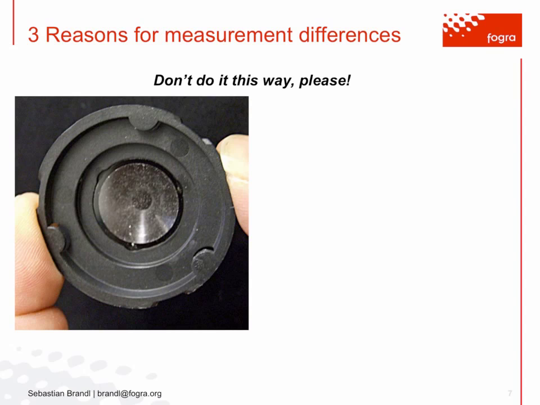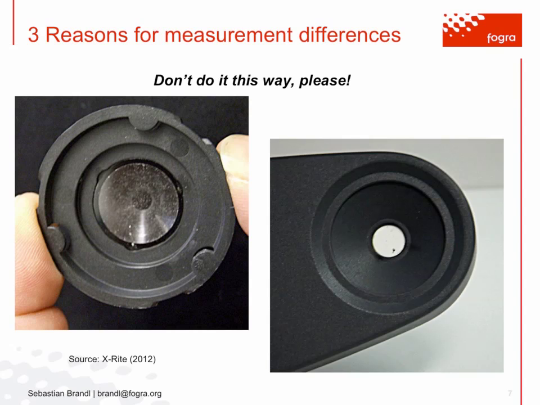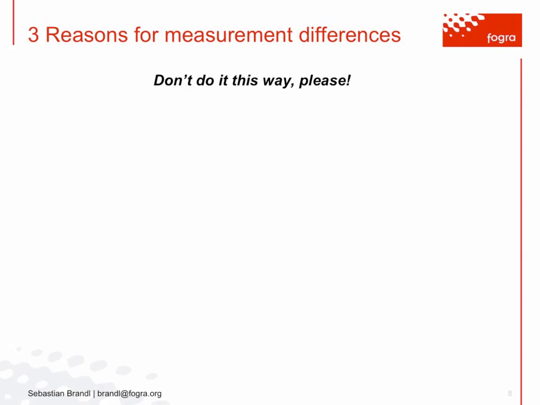If you see practical examples which have been provided here from X-Rite, you see that this kind of dirt is hitting this kind of plate, and you can see that this does not make the measurement device better. So please handle the device carefully. Don't use it in rough environments, or like here, the white tile is kind of dirty.